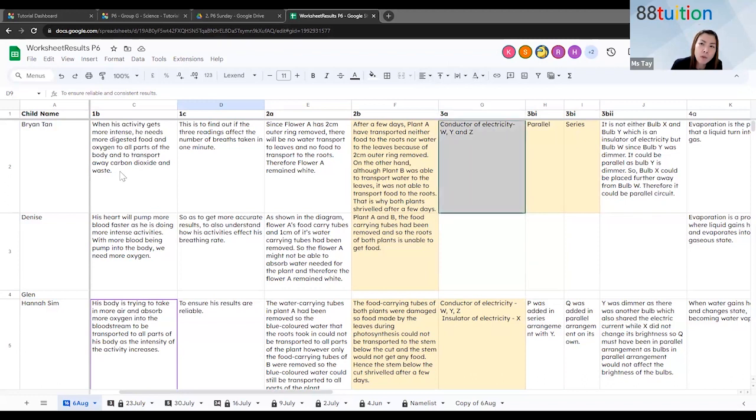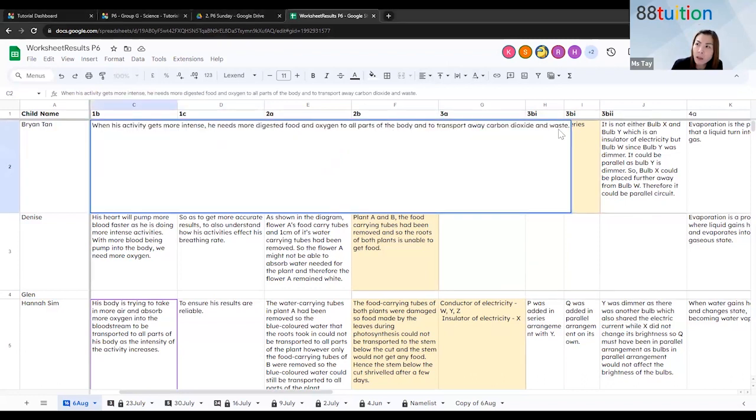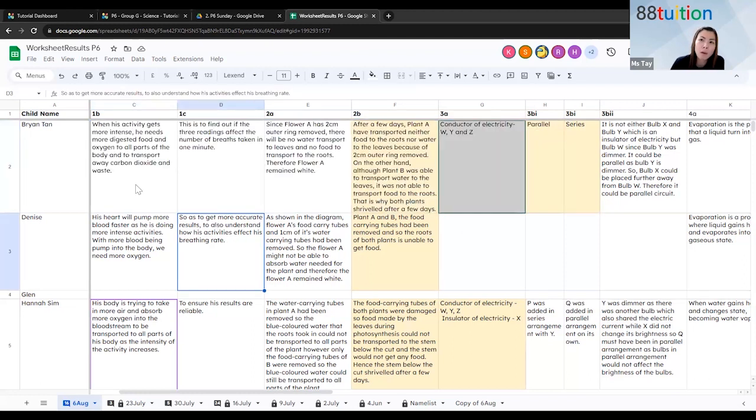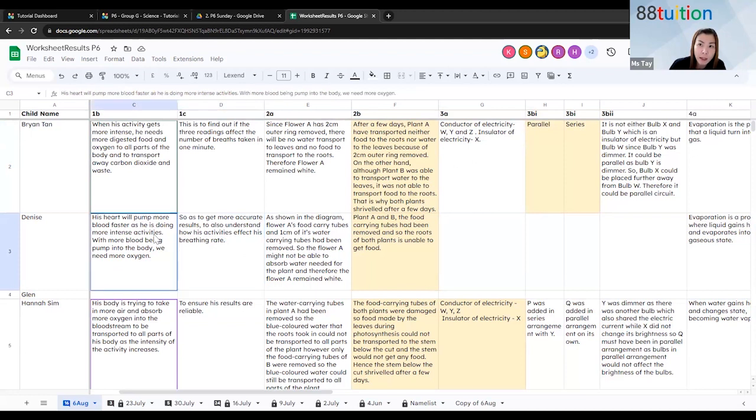Then you add on a little bit, to say which is why his breathing rate increased to take in more oxygen. Explain that during the activity, these are required. Then you explain breathing rate increased just to satisfy that. Clear? Brian, you try to change that, okay?